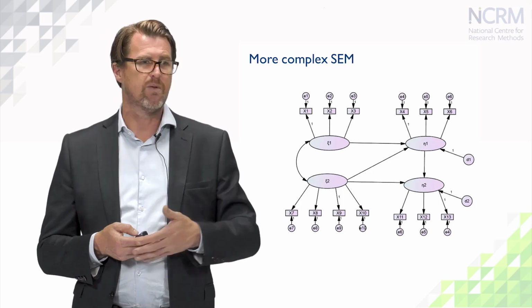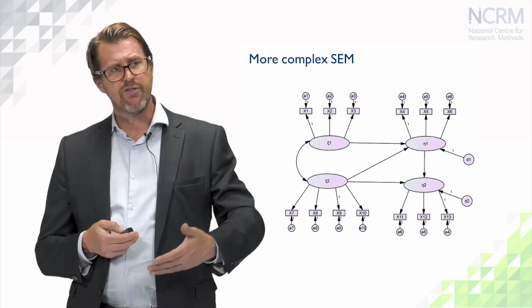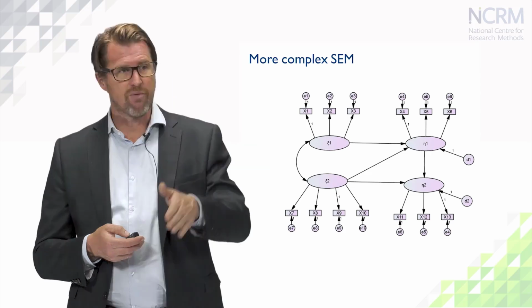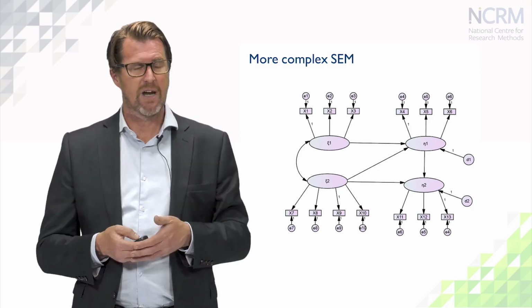So what we can also see here is that we've introduced indirect effects, that we have potentially an effect running from xi 2 to eta 2, which runs through eta 1. So we can estimate that sort of relationship, and we'll come to look at that in a bit more detail later.